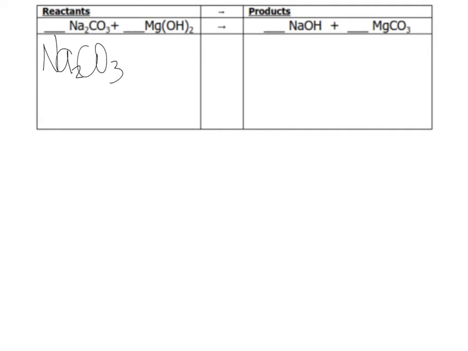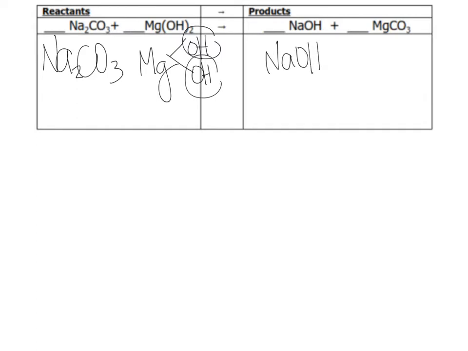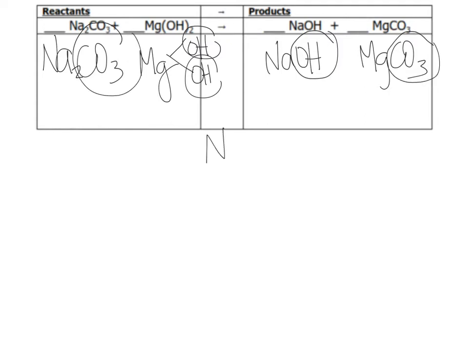Alright, we're going to do the second example now. And we're going to branch out our parenthesis polyatomic ions. We're going to also circle this OH, and then we're going to circle our groups of CO3 because they don't change from one side to the other.